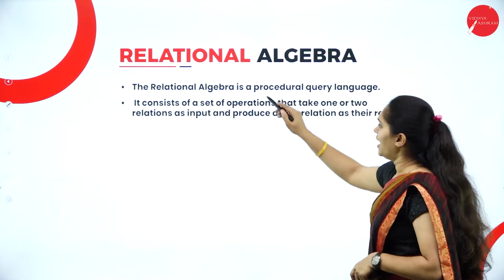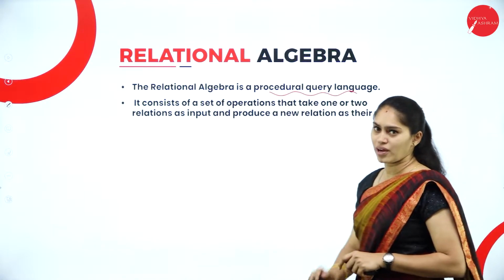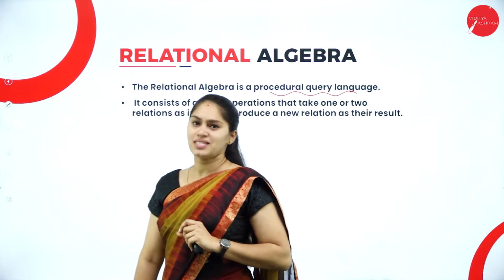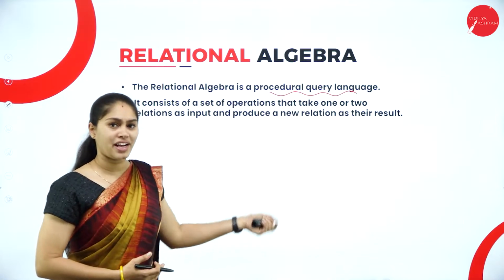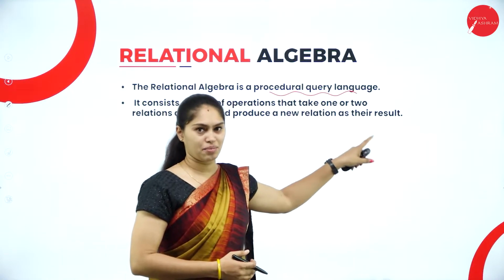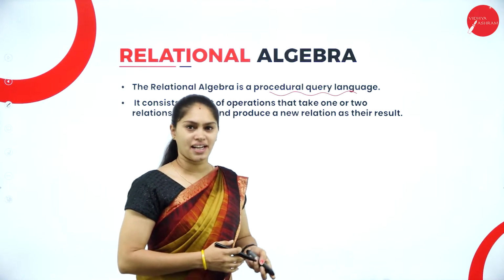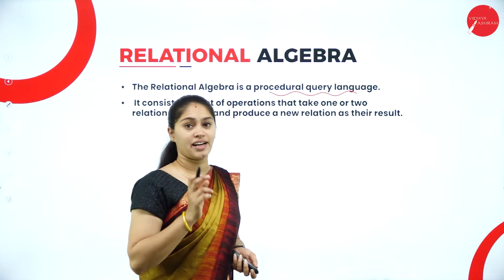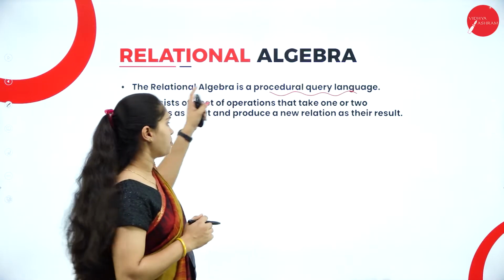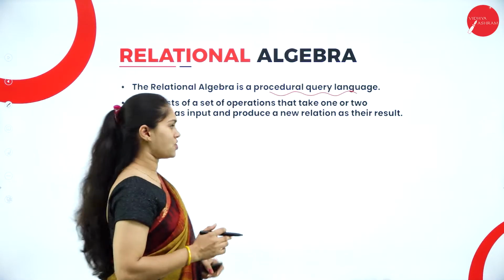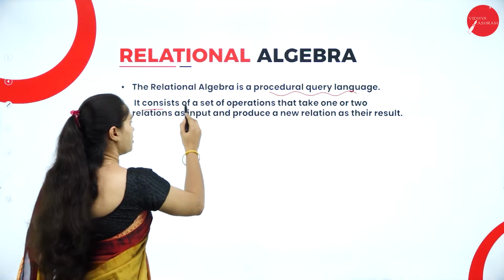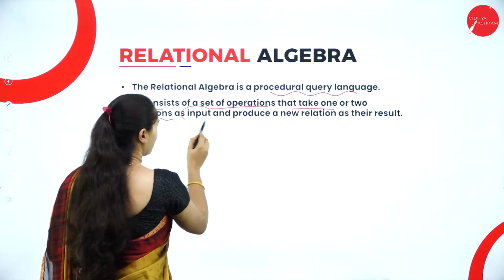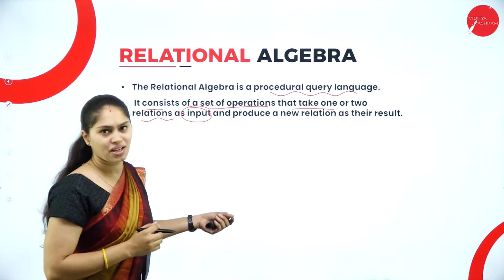Now, what do we mean by relational algebra? It is a procedural query language. Mainly we use this to put queries to the database of an RDBMS, that is, a Relational Database Management System. In order to work with that, we use relational algebra as a procedural query language. It consists of a set of operations that take one or more relations as input. What is the input I am giving here?